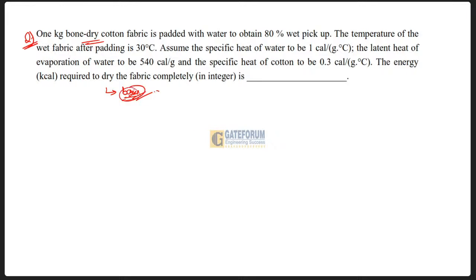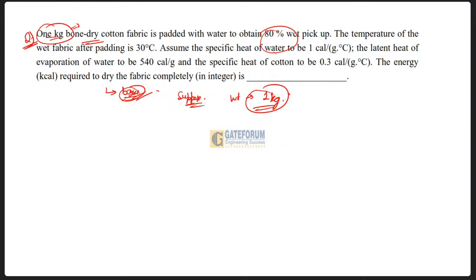Suppose we consider the weight of fabric as 1 kg, because it is given as 1 kg, and wet pickup is 80%. Wet pickup means the amount of water that is absorbed on the fabric after the padding. So this is the basic meaning.